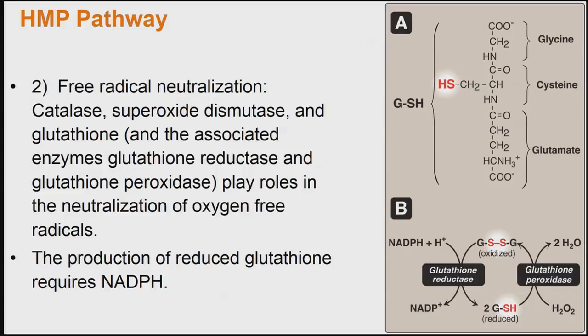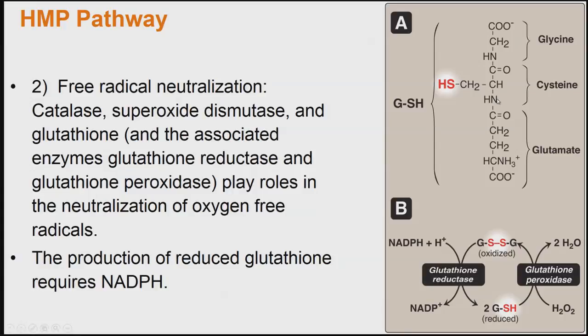So that sulfhydryl group, when it exists as a sulfhydryl group, is reduced. And it can actually neutralize reactive oxygen species. In the process, it will actually become oxidized. And what happens if you take 2 cysteine residues and perform an oxidation? You get that disulfide bond, right? So basically, that's what's happening here.